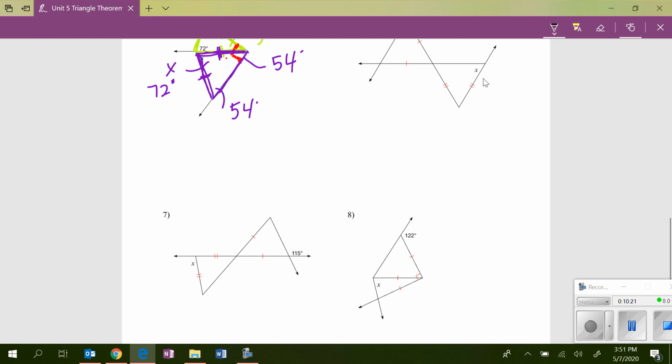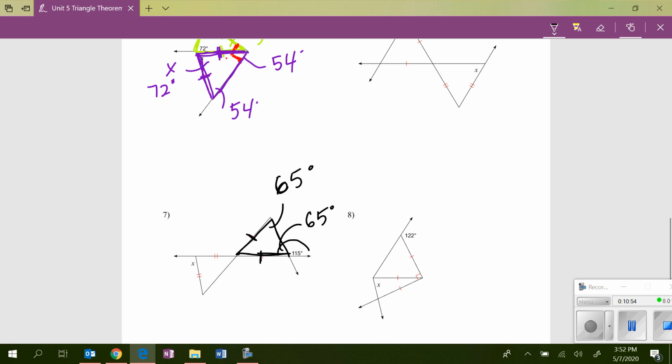Number 7, 115 lies on a straight line, which means we've got supplementary angles, and this must be 65 degrees because that is 180 minus 115, 65. And also, this triangle is an isosceles again because we've got the same side there, so 65 should also be here.